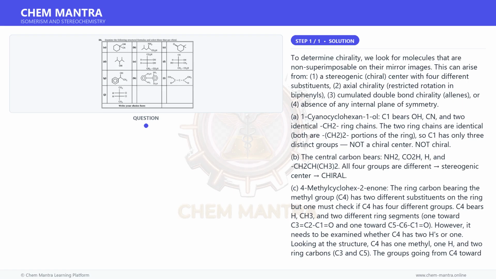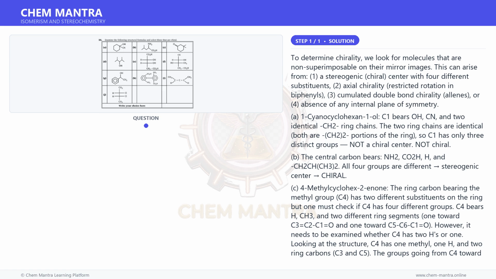One ring has SO3H at C2, NO2 at C6, the other ring has NO2 at C2, SO3H at C6. The large ortho substituents prevent free rotation around the C-C bond, restricted rotation, atropisomerism. The two rings have different ortho substituents, SO3H versus NO2, and the arrangement is non-symmetric, axially chiral.